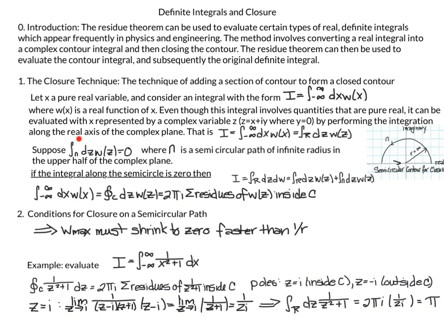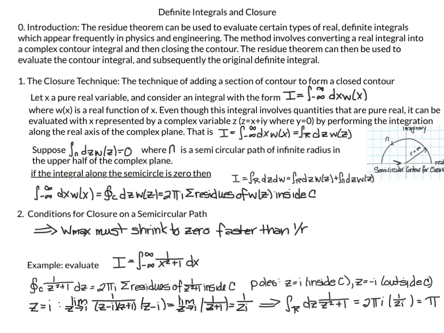Our goal then is to augment this real number line integration with this semicircle on top, so we can form this closed integral. What we want is the integral over the semicircle of w(z) to equal 0. Again, the semicircle is a path of infinite radius in the upper half of the complex plane.